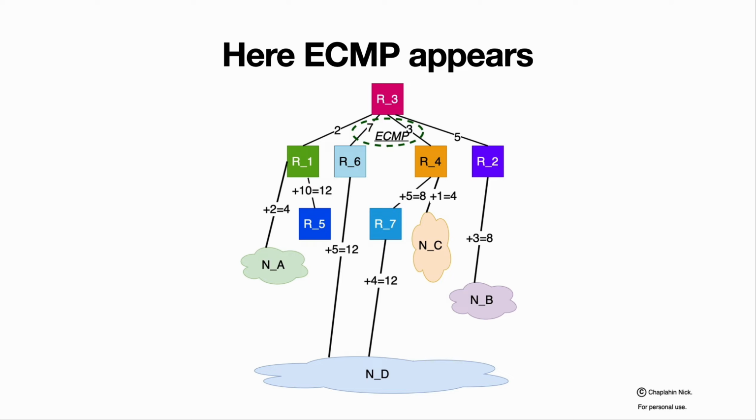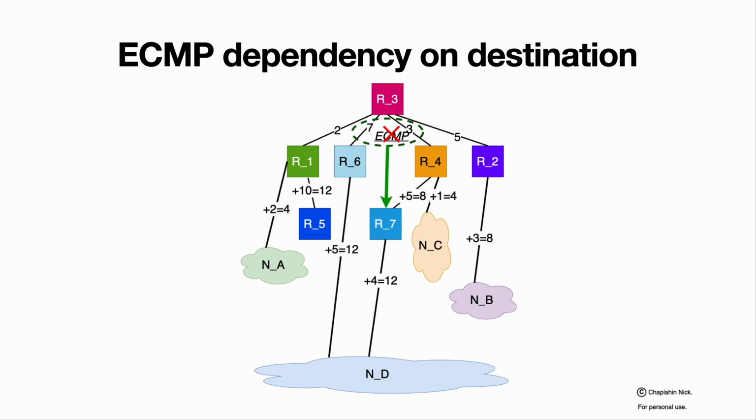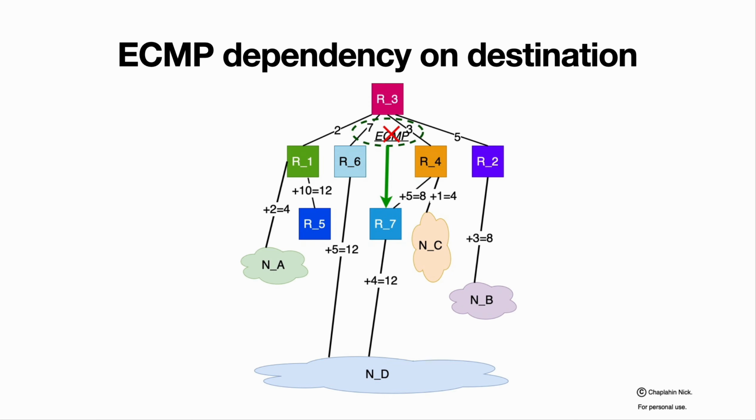In other words, the ECMP group can be used only when sending traffic to network D. So it actually depends on the destination. It's not that the destination depends on the ECMP group, the ECMP group depends on the destination. If or when we have a different destination, the ECMP group cannot be used, and we should use the next hop based on our table.